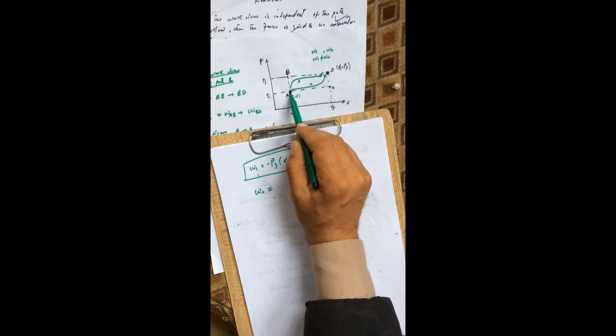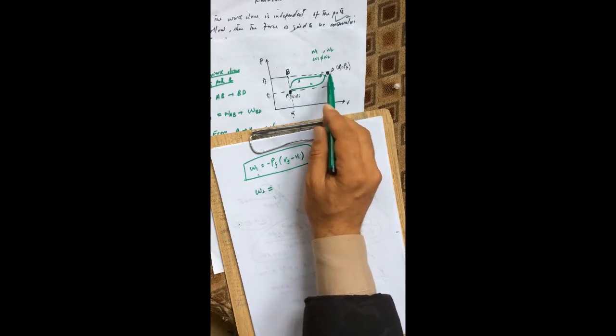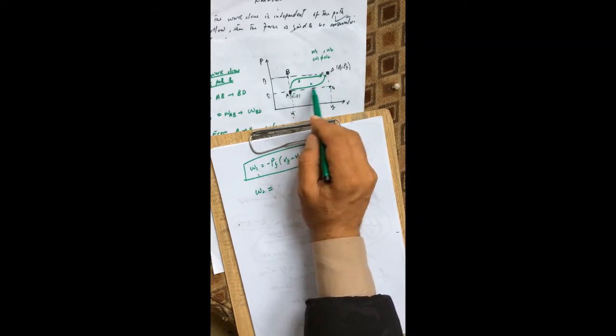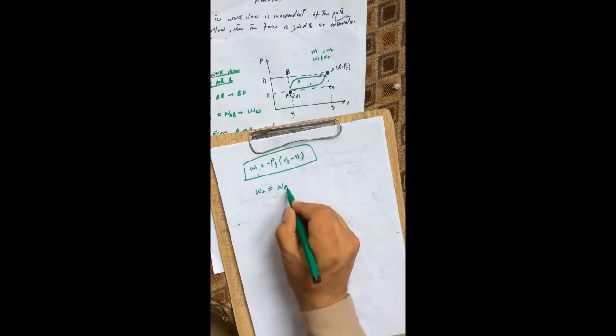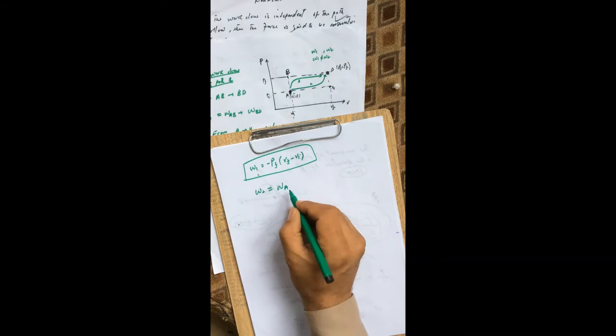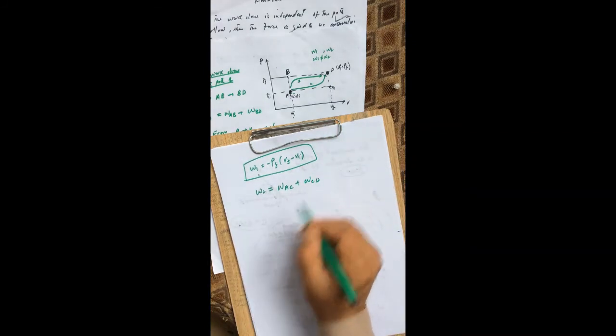So we have to calculate the work done from A to C, and then from C to D, and then we will add them and we will get the work done through path 2. So the work done through path 2 will be equal to work done in moving the system from A to C plus work done in moving the system from C to D.